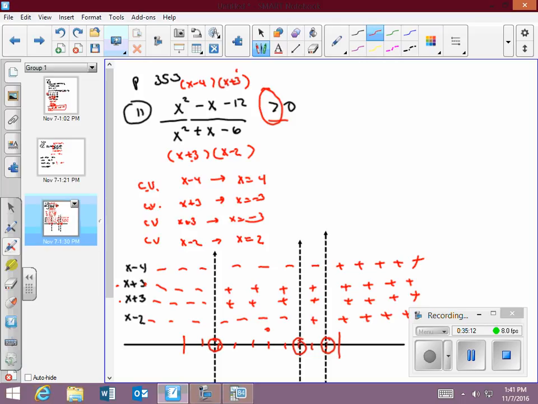Now, before we go on, I want to point out why it's important that you use both of these factors. If you used just one of them, notice in the region to the left of -3 it would become negative, wouldn't it? But if you use both of them, it becomes positive.